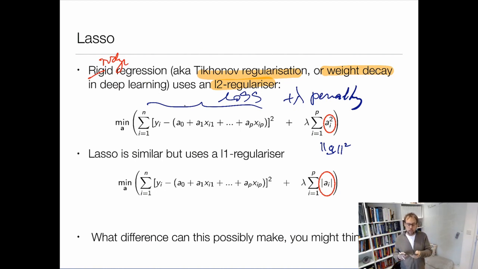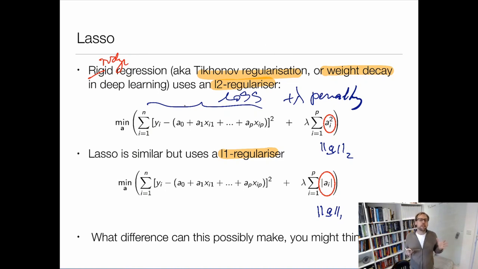And Lasso is exactly the same, but where instead of the L2 regularizer, we now use the L1 regularizer, which effectively is, rather than using squared, we use absolute value, and this sometimes also is called the L1 norm. So this would be L2 norm, and this would be the L1 norm. Sometimes people like to write the index at the bottom. Doesn't really matter. So L2 norm and L1 norm, those are the different norms, and those are the regularizers.